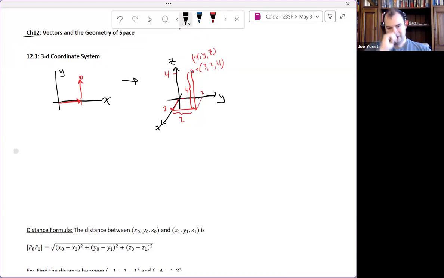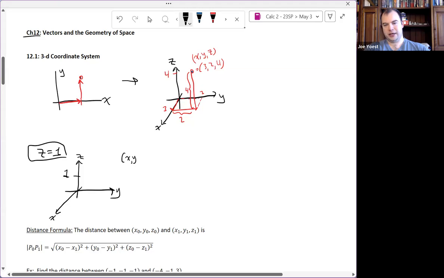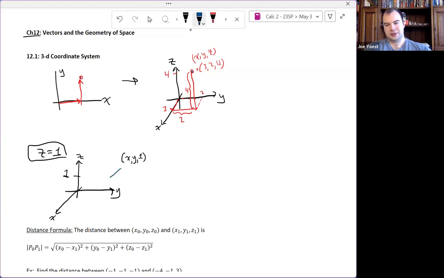So we can look at something like, for instance, Z equals 1. In the 3D coordinate system, Z equals 1 is the set of all points that have height 1, so all points of the form (x, y, 1). I see that that is actually going to be a plane.